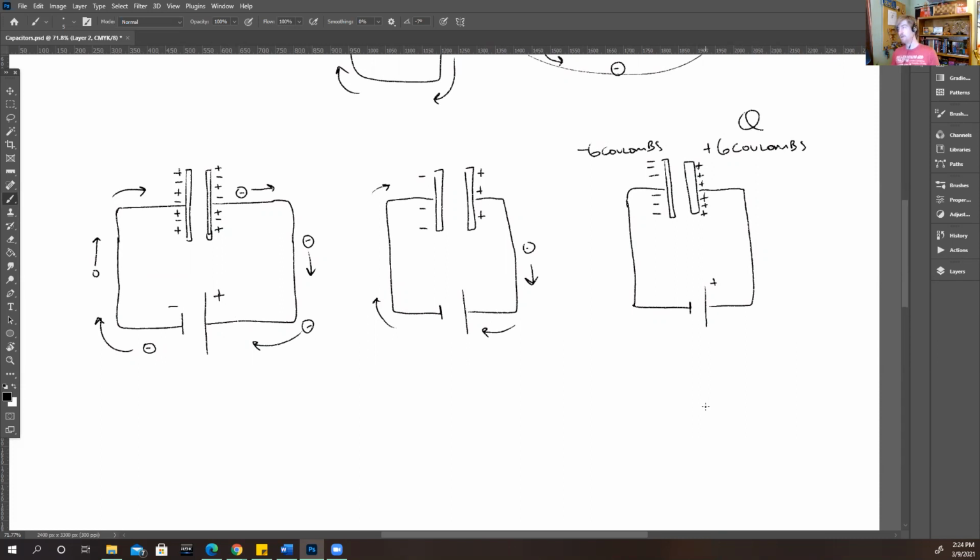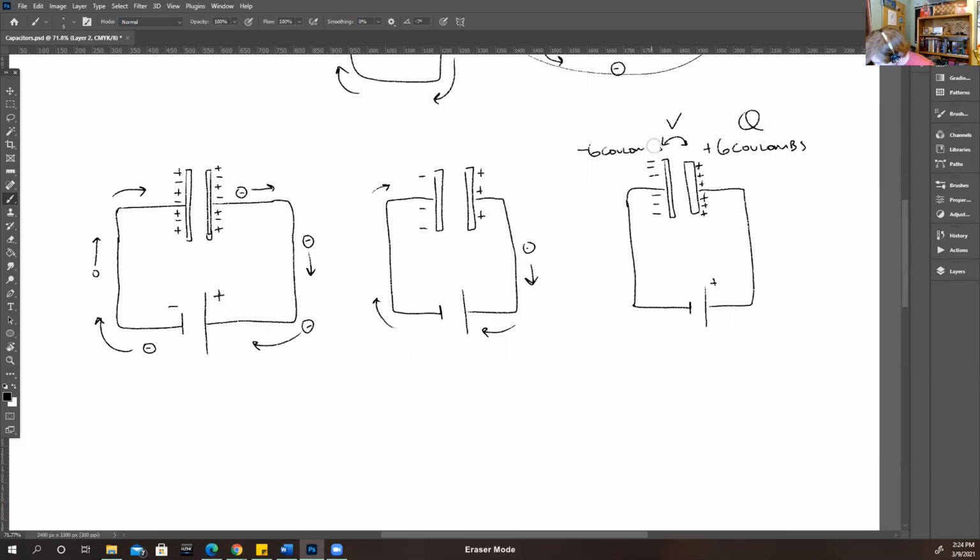And from, I believe, the second or third lab, we know that if there's a collection of charges somewhere, there's going to be a potential difference. So since these two plates have a lot of charge in one space for each of them, there's going to be this potential difference between the two.